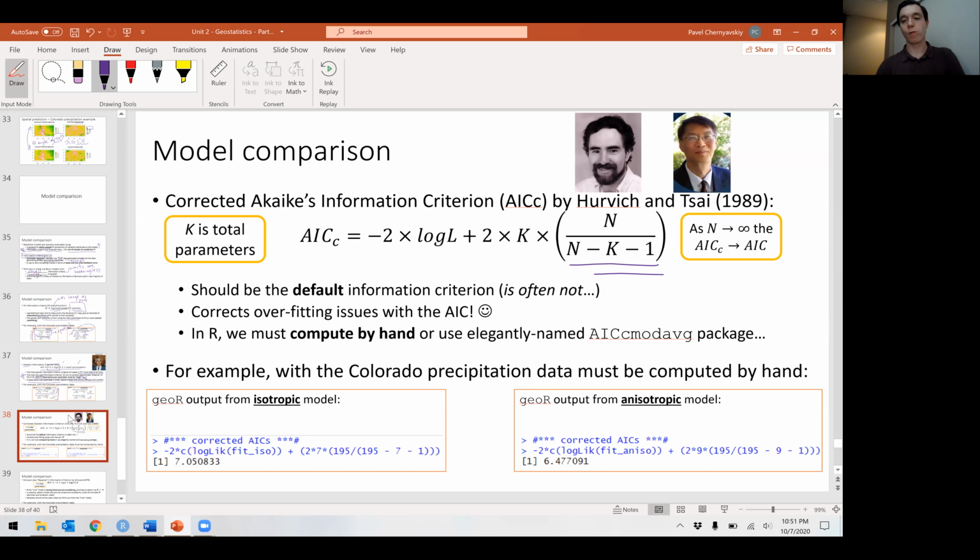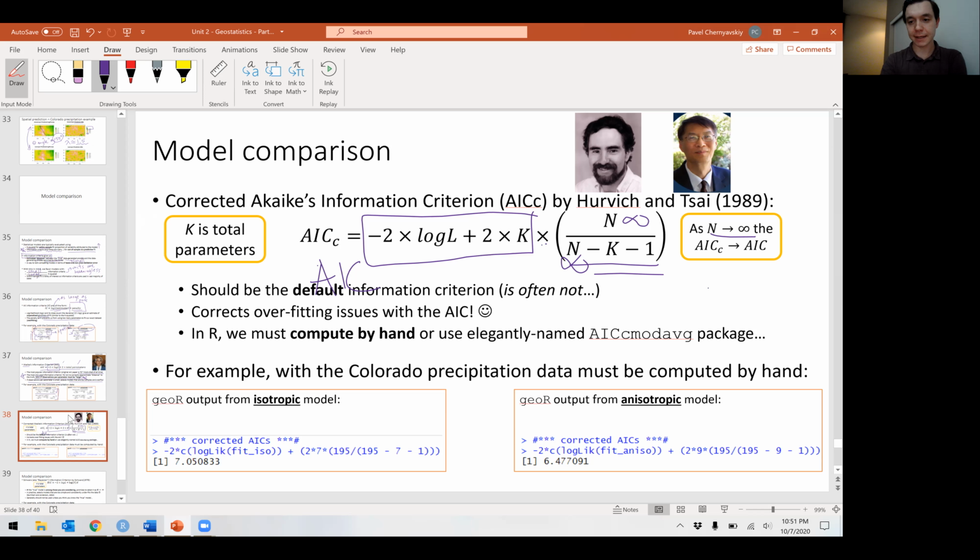Notice that as you get more and more data, n approaches infinity, you get this correction term. So look, this right here is the original AIC. And then we have this correction term.